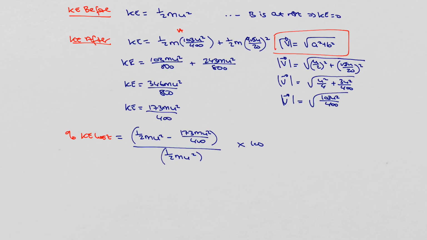That simplifies down, the mu squareds are all gone, and that leaves us with 27 over 200 times 100, which is equal to 13.5% kinetic energy lost. And there were 5 marks going for that.